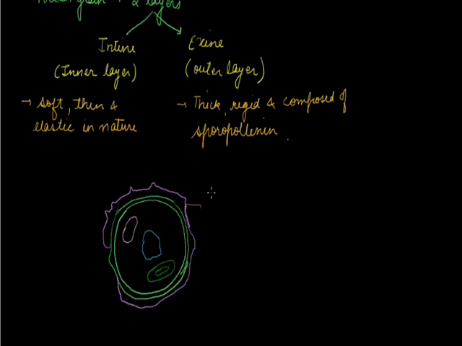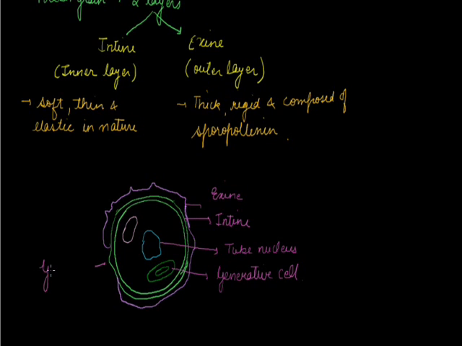This is exine, this is intine, this is tube nucleus, generative cell. This is germ pore, vacuole. This is tube cell. And this is known as the structure of pollen grain.